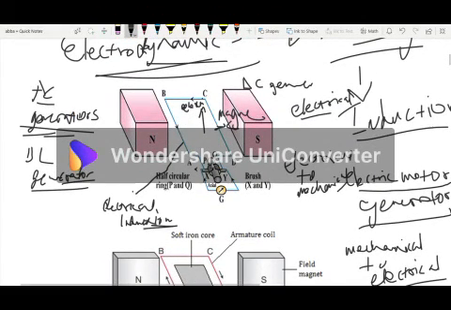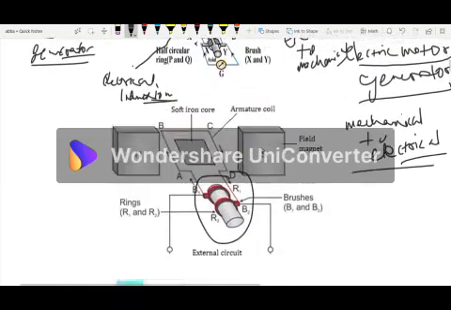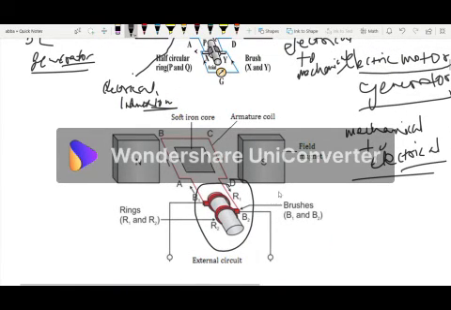So now it will move anti-clockwise, and the split rings also play a role in doing that. So with this one, the alternating current, the direction will move clockwise, right? It will move clockwise.